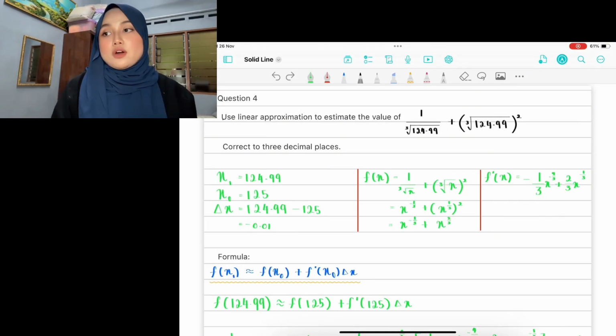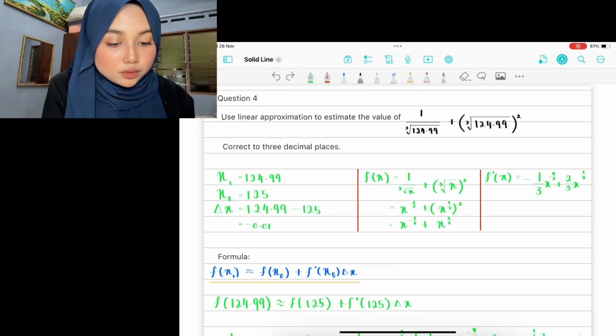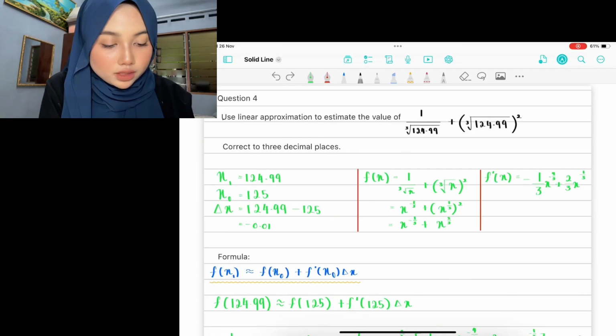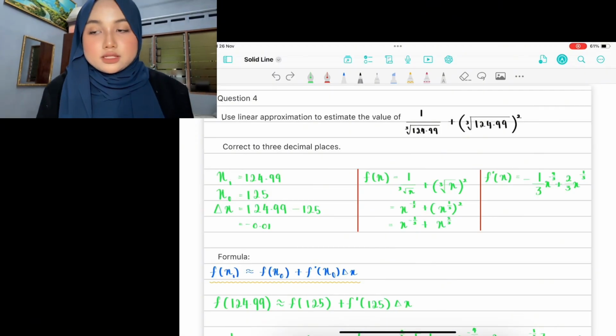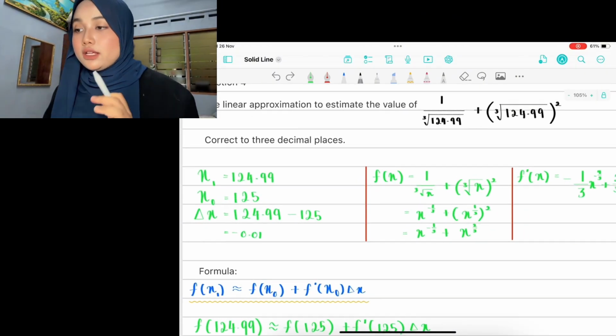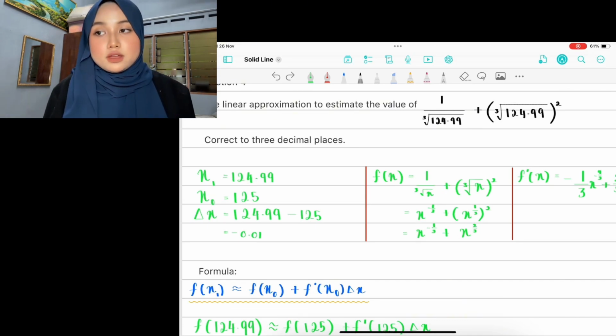Firstly, for x1, we're going to use the value already given in the equation, which is 124.99. So we put it here, 124.99. For x0, I'm going to choose a nearby value that is easy to work with.